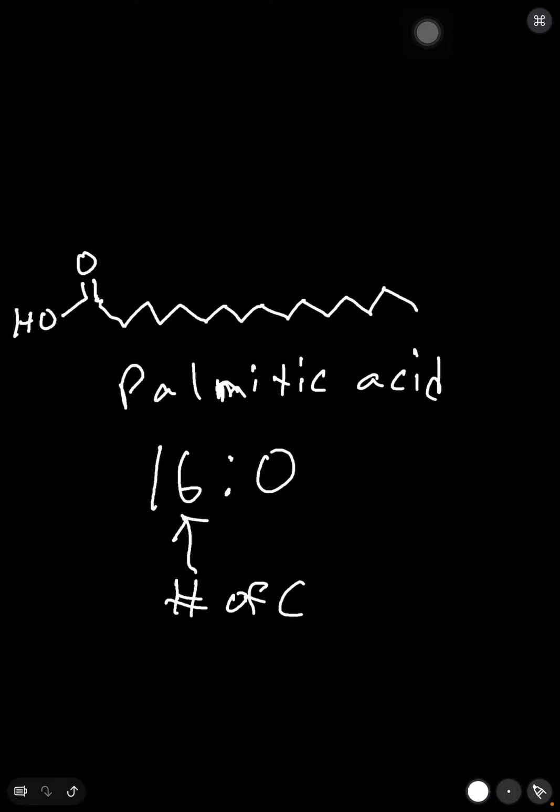That means the entire molecule, including the carbonyl carbon, so including that one, we have a total of 16. This over here refers to the number of pi bonds. So if you see something has 16:0, that means it's the 16 carbon fatty acid, no pi bonds, no double bonds.